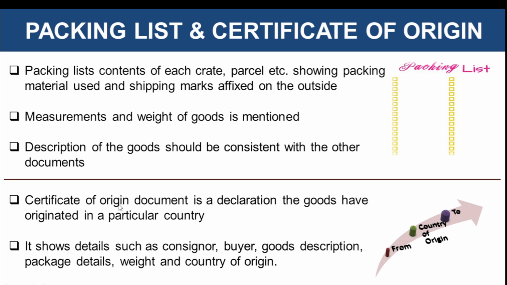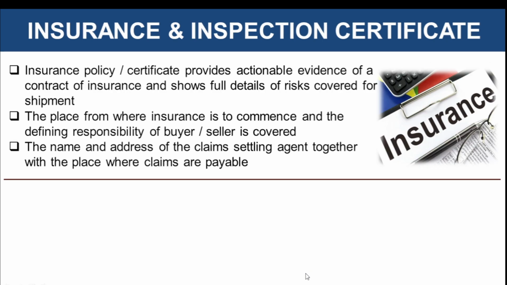Packing list is a proof about the goods or the description of the goods. Commercial invoice was a proof of the bill being raised. Bill of exchange was again a demand for payment. Similarly, certificate of origin is a proof that the goods originated from a particular country. It shows details such as consignor, buyer, goods description, package details, weight and country of origin.